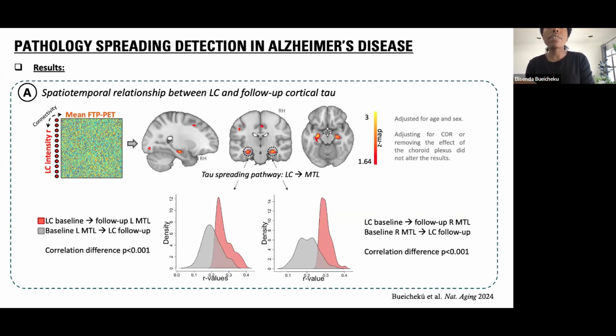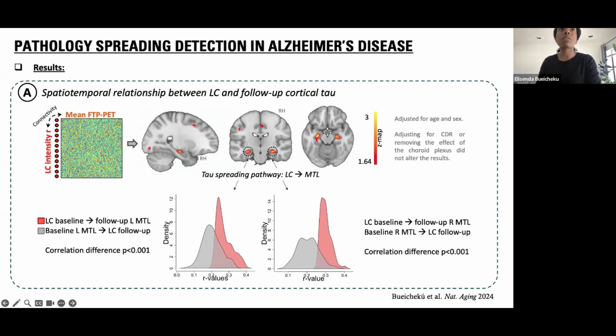And we challenged our hypothesis against the reverse pattern in which tau would go from the medial temporal lobe into the LC. And we observed that the correlation values in our hypothesized pathway were higher than in the reverse pathway.